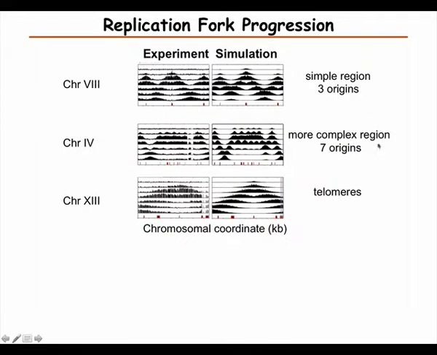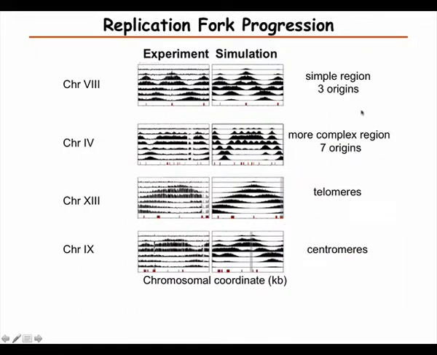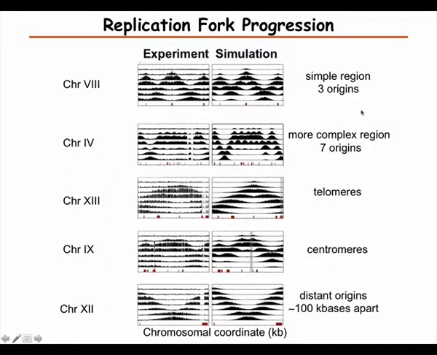At telomeres, it doesn't seem to be any different. At centromeres, that also doesn't make a difference. And these are the 2 origins that are furthest apart in yeast. So in conclusion, it was an extremely simple model, but we could still understand our experiments much better after doing this model.